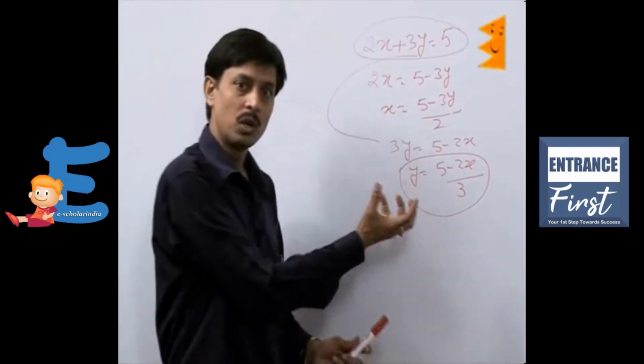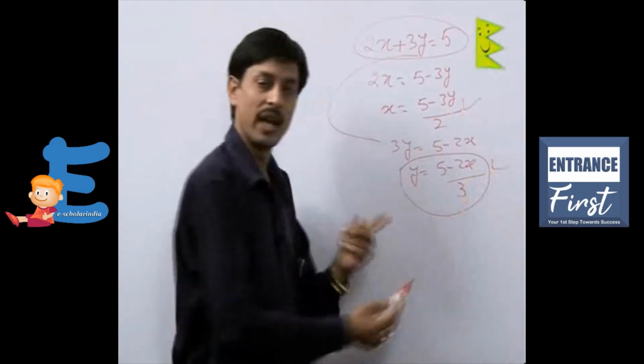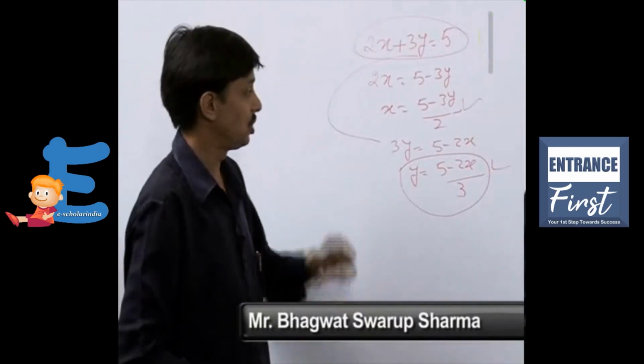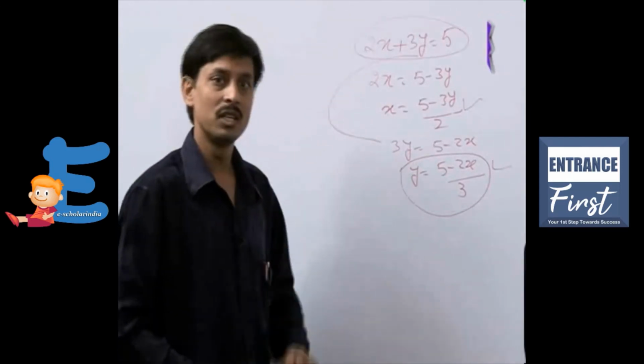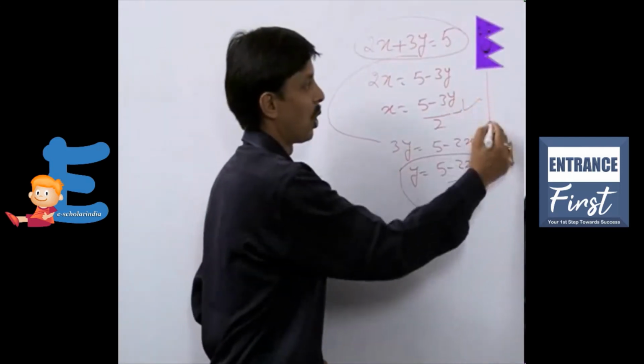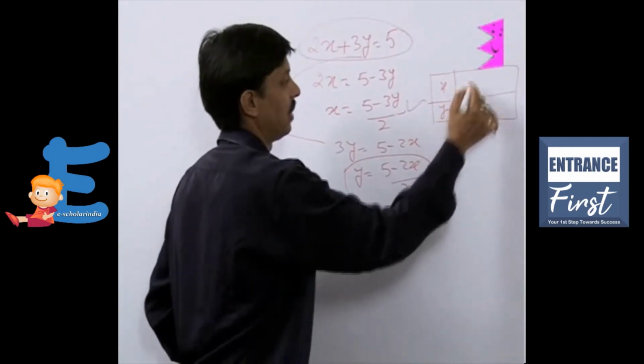If I draw two or three points for this part or this part, the line will come the same, the line will not change. The reason is that I am going to convert both of them from the same position. So I am plotting a table which shows the set of solutions x and y.